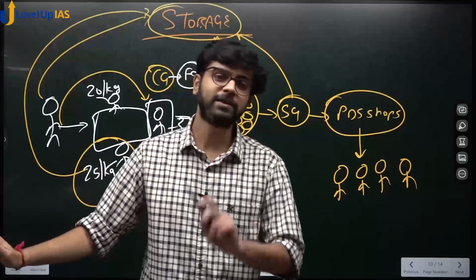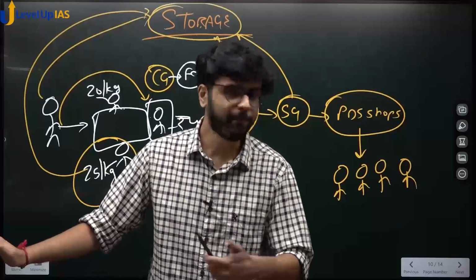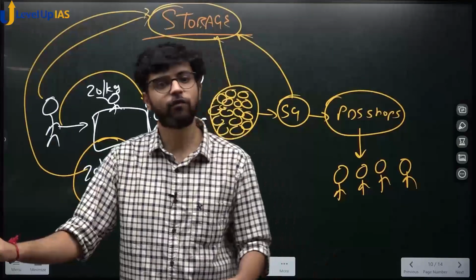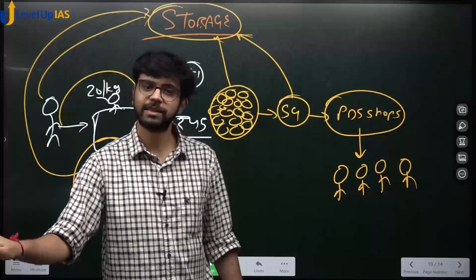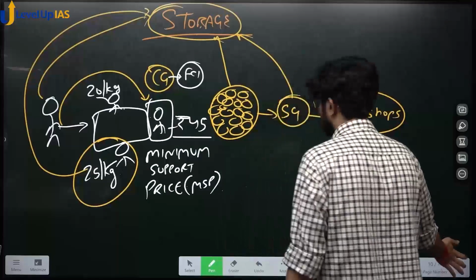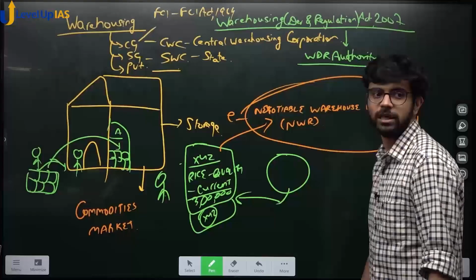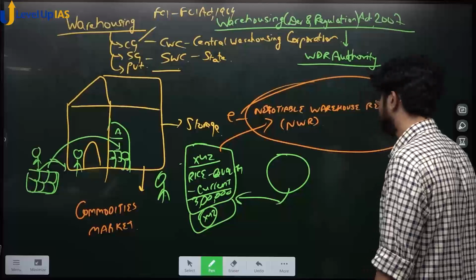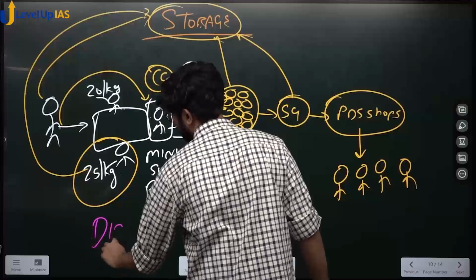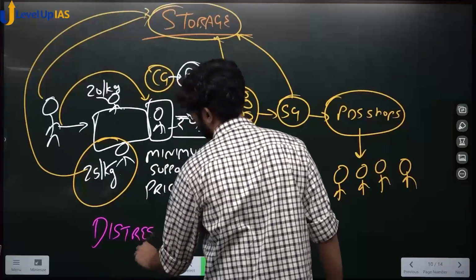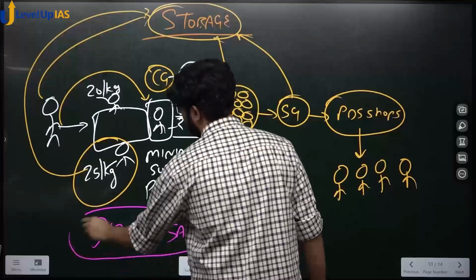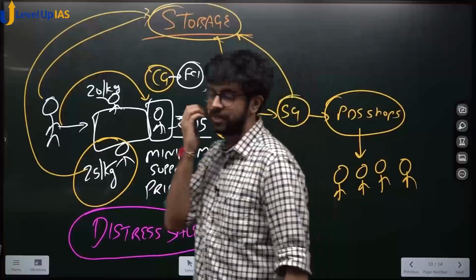This is a sale in desperate need. Why would a farmer sell in desperate need? When timely procurement is not done. Second, storage is not available. If storage is not available, what would happen? He goes to the warehouse, storage is full, so he will sell it outside. This is known as distress sale. I hope it's fairly self-explanatory.